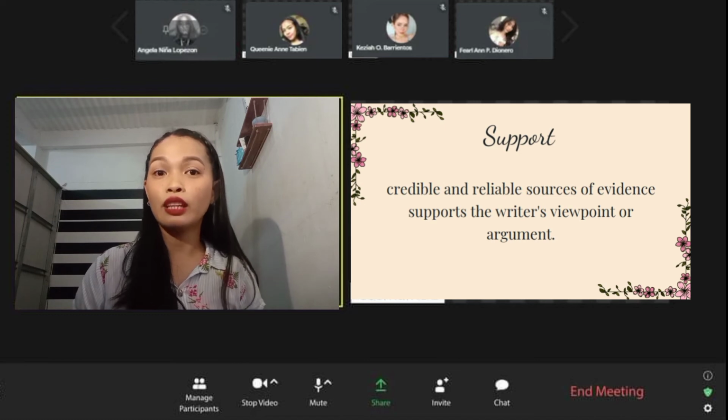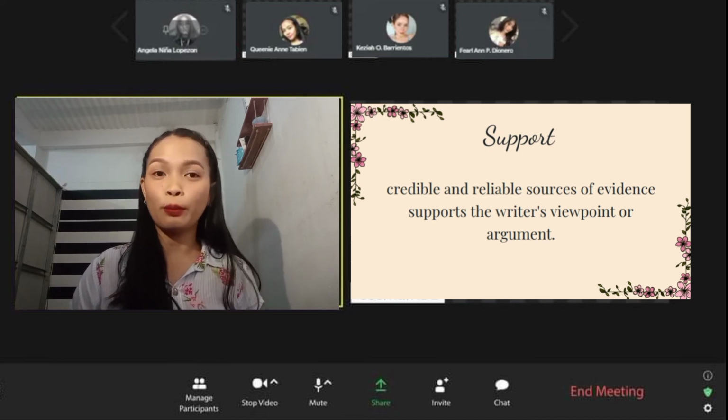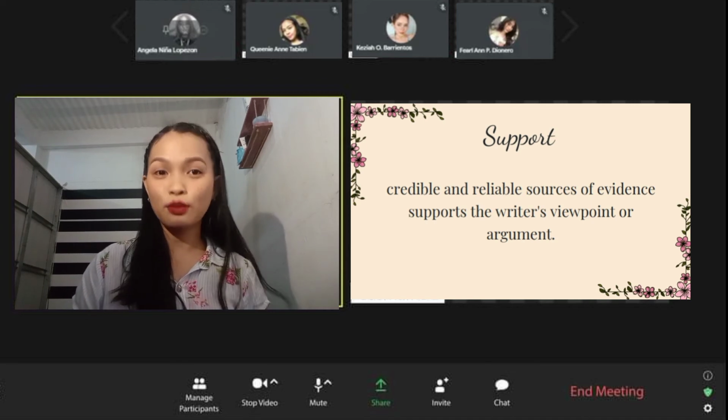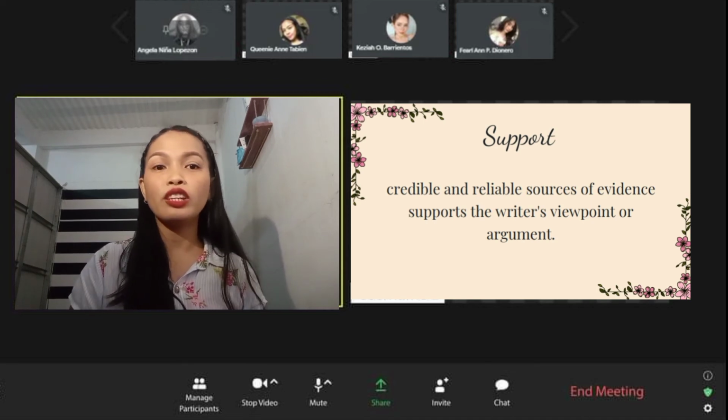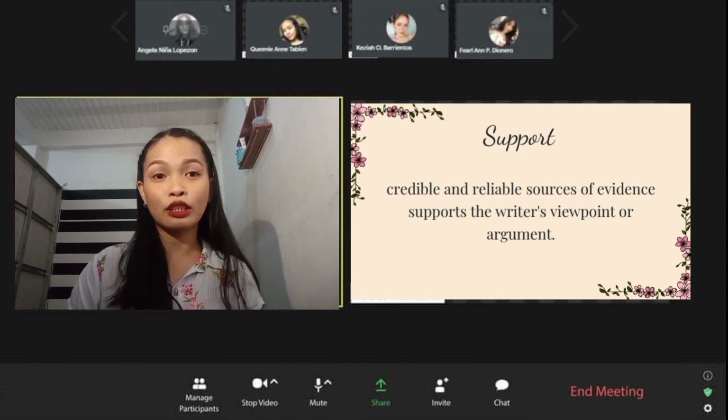Using credible and reliable sources of evidence supports the writer's viewpoint or argument. It can take many different forms, including writing bibliographies and references, as well as collaboration, triangulating information, or finding at least 3 books that agree is an excellent concept.